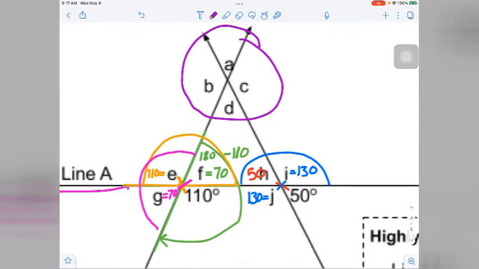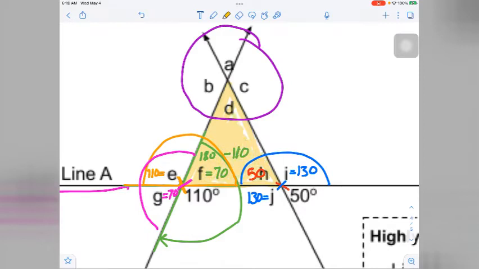In order to figure these out, I can't use the information at the intersection because there isn't any information here. But instead of looking at the intersection, I'm going to start looking at the shapes, because we also learned about angles and how they relate to shapes. So what I see here is a shape, and this shape is obviously a triangle.